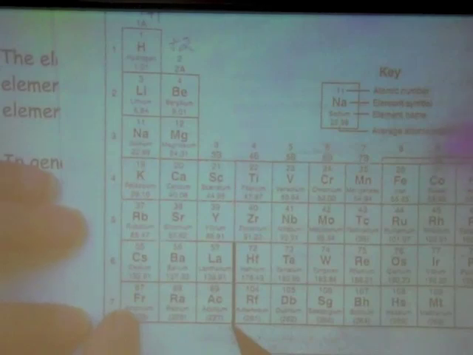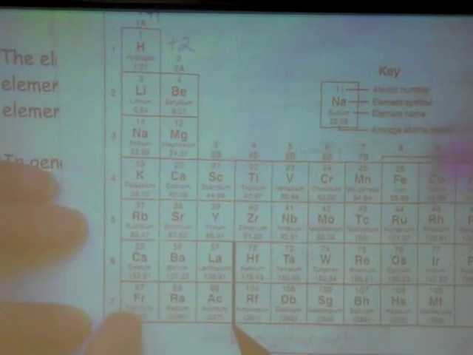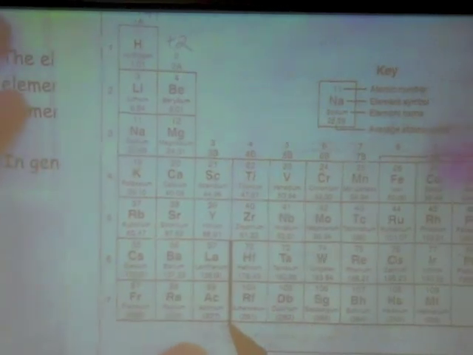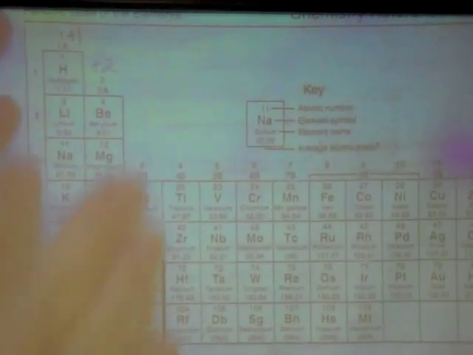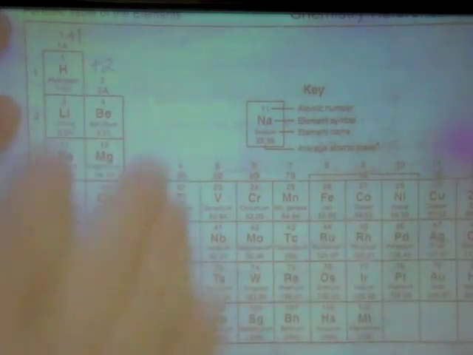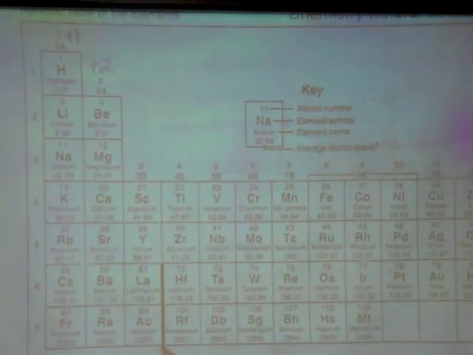That nucleus is shielded so much by core electrons. Francium has no ability to attract electrons to itself. Pretty much like all the metals, right? They don't have the ability. Their valence electrons are held very loosely by the nucleus, and so there's nothing that's pulling them in.